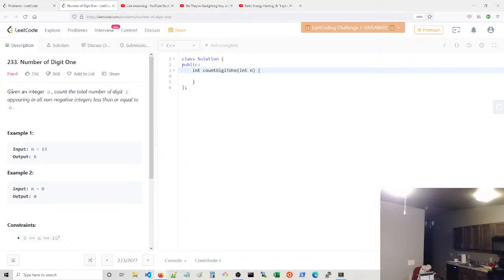So the number of times you see 1 in 0 through 9, that's once, right? And that happens 10 times when you're moving from 0 through 9 to 10 to 100, right?